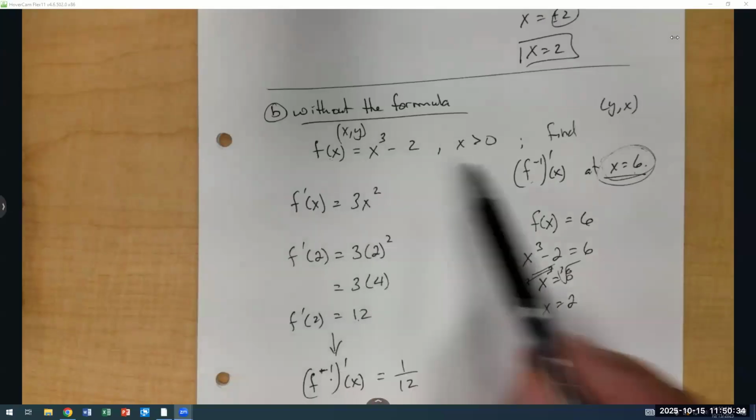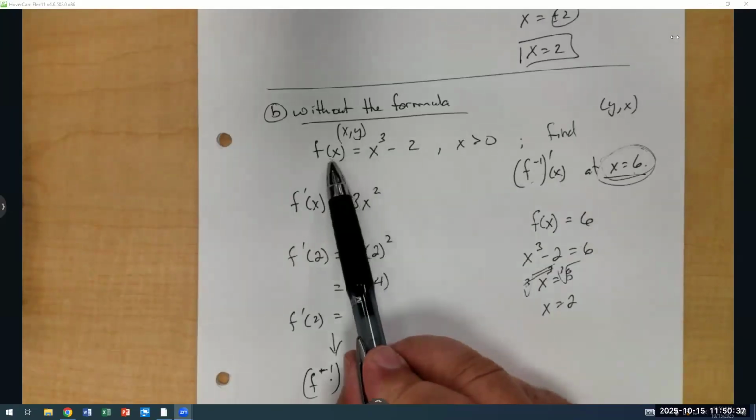Because in order to find the inverse, you have to be given the original function.